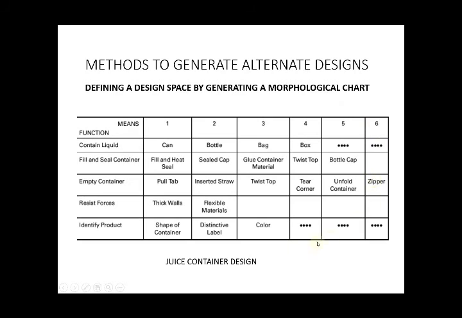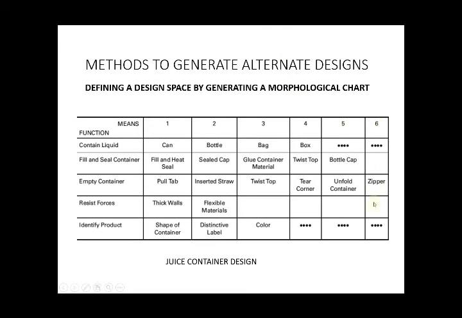So this column and row combination, this table is called a matrix, and this matrix we call a morphological chart. So you have different functions and means, and this table is called a morphological chart.